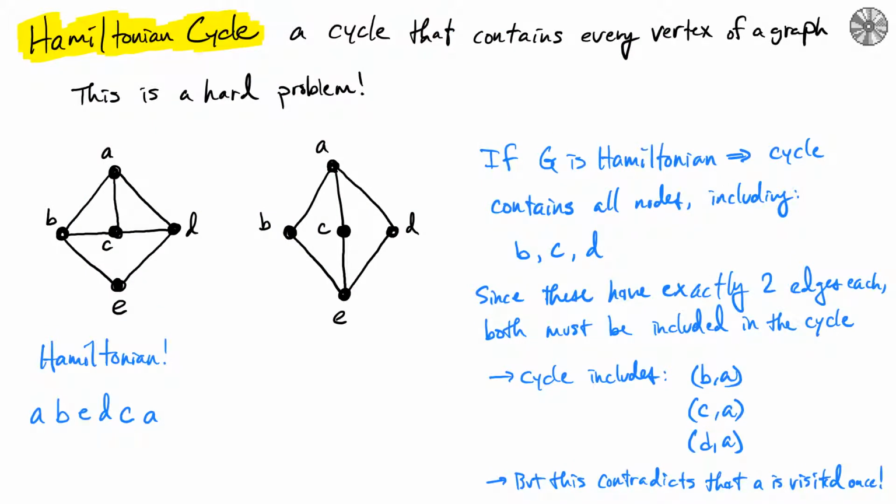The next notion that we'll introduce is the notion of a Hamiltonian cycle. And so now we've switched over to essentially a covering, in this case a sequence of nodes and edges, such that every node is included in the graph. So these paths and cycles are ones that don't repeat nodes.